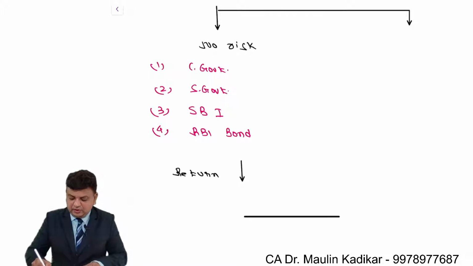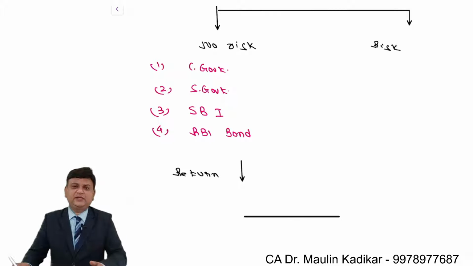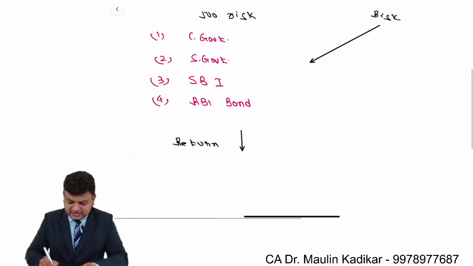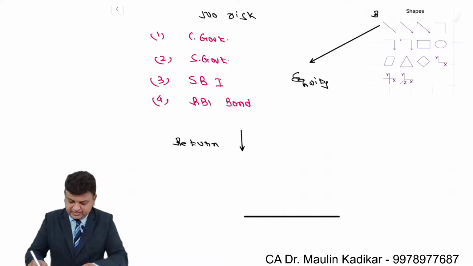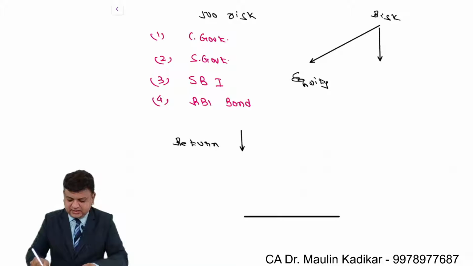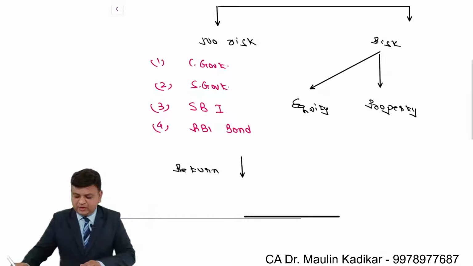So you have to make investment where risk is there, and for that, different investment opportunities are there. The investment opportunities are equity instruments, property, real estate, or you can do a business.